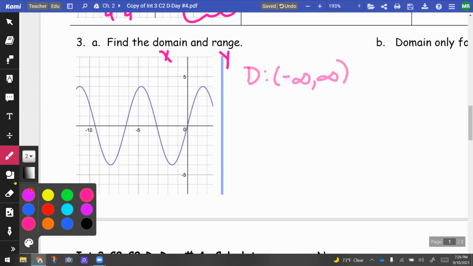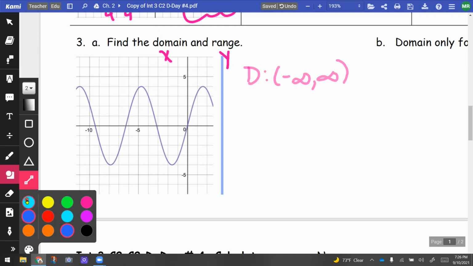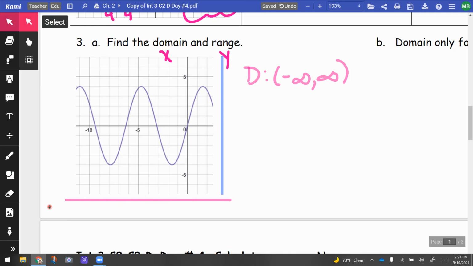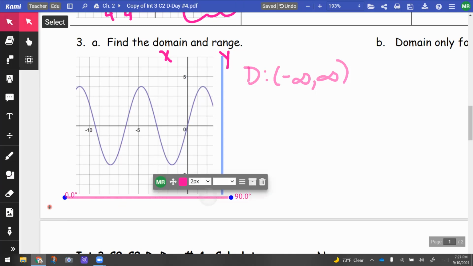And then my range is going to be my high and low. So if I'm looking at this and I'm trying to figure out my range, I'm going to be taking this and going how high up and how far down.